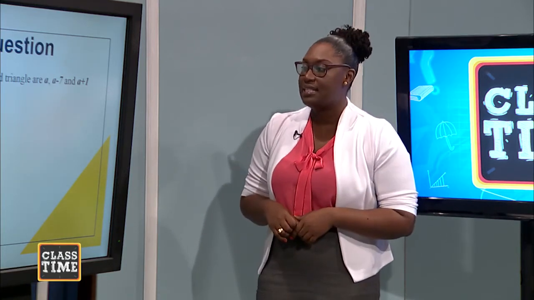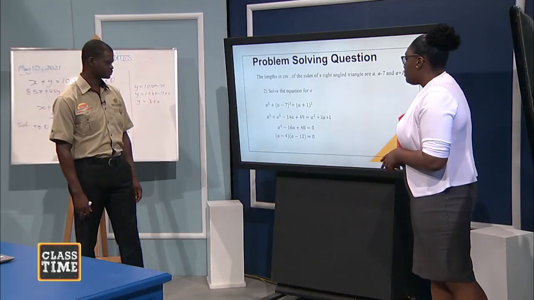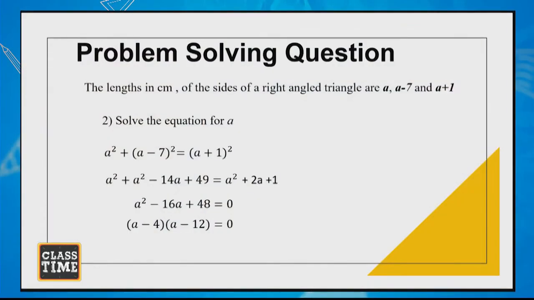So this is saying a subtract 4 multiply a subtract 12 is equal to 0. And we know that in this case, it simply means that a is either equal to 4 or a is equal to 12. So all we did was to equate both of these terms to 0: a minus 4 equals 0 or a minus 12 equals 0.